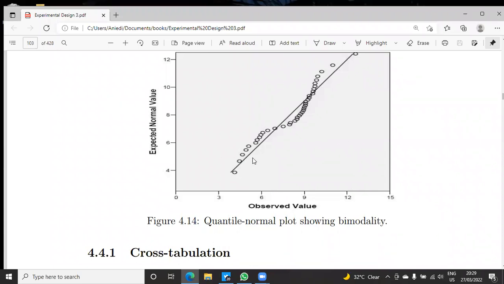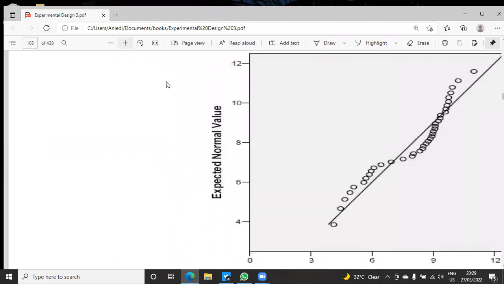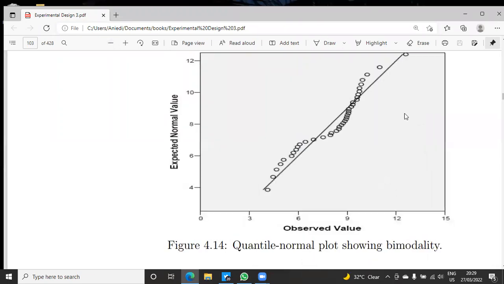If you notice this data, the line is not a straight line, it's curved.